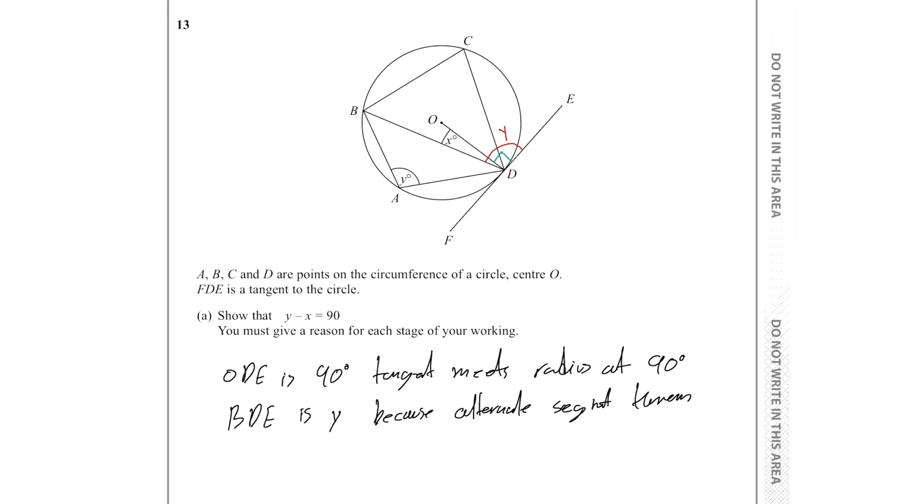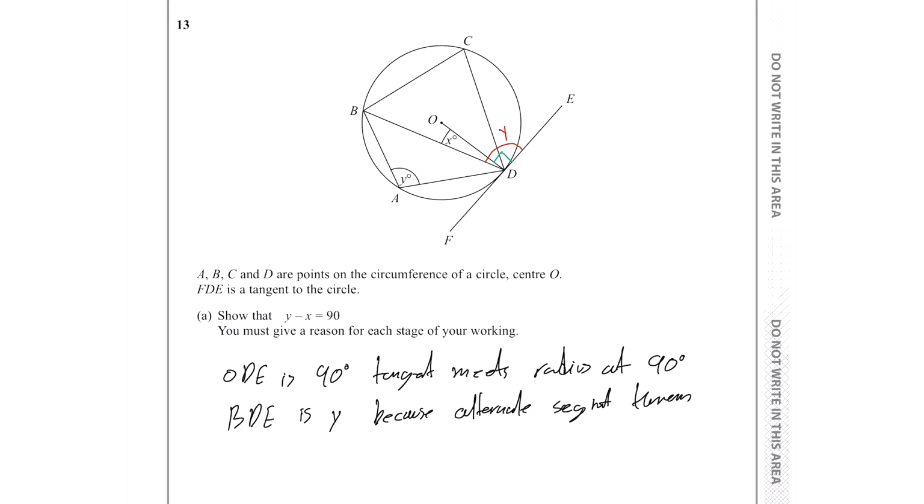So angles on a straight line add up to 180. So we have 180, which is angles on a straight line. Do we need to know that? So the question is saying y minus x. That is right. Okay, there we go.